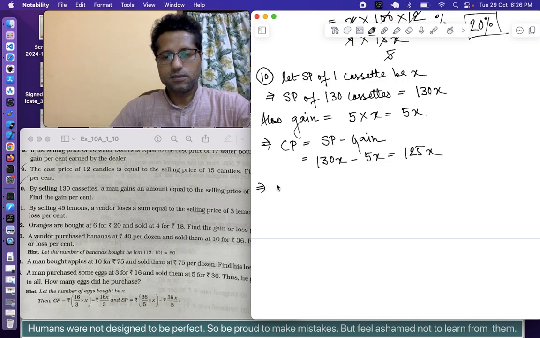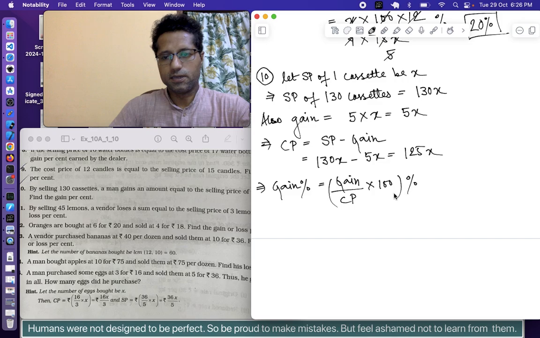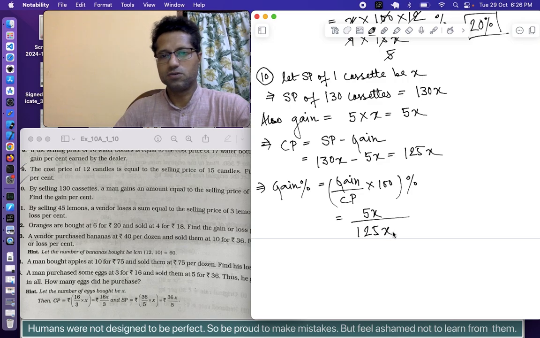Gain percent will now be equal to gain divided by cost price multiplied by 100, this much percentage, which is equal to gain 5x over cost price 125x. Please keep in mind that the gain, the cost price and the selling price are all based on 130 cassettes.